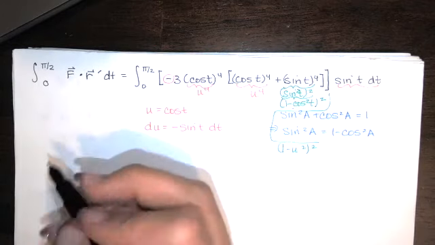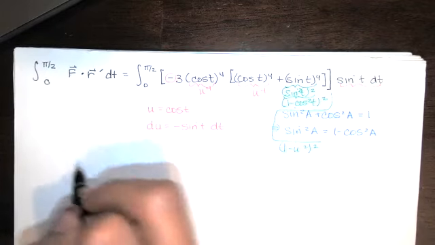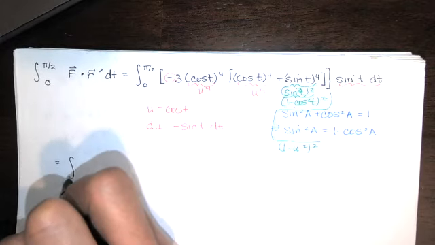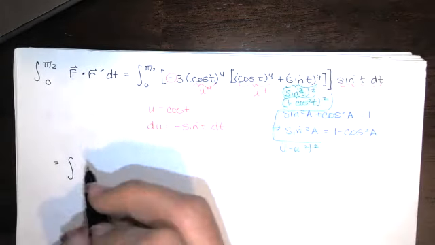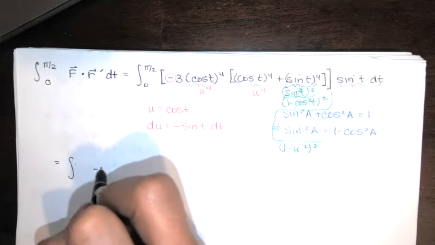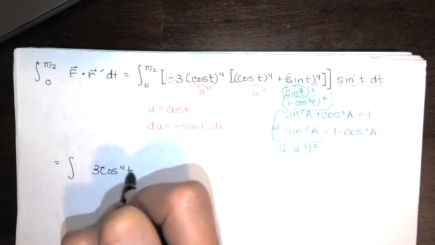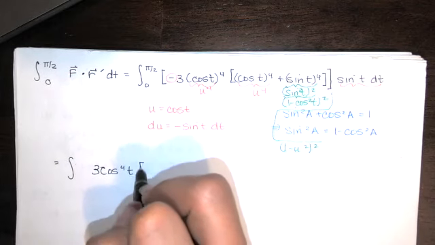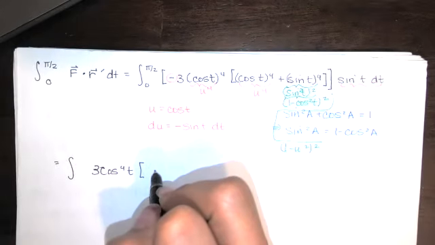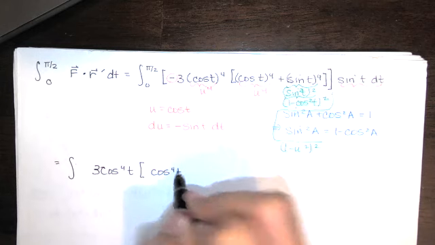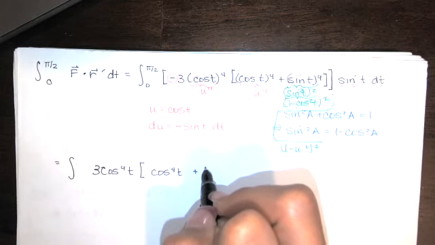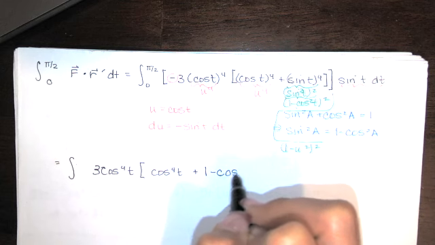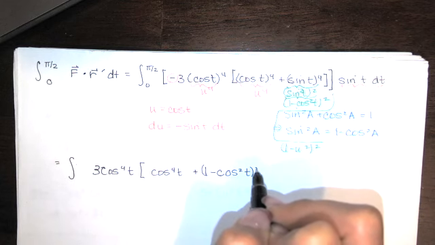Okay, so let me rewrite this, and then we'll do our u substitution. It's pretty much done. I'll take that negative and put it out there with the sine. Oops, I said that and then I did not write the right thing. So I had cosine to the 4th of t there, and then I've got cosine to the 4th of t there. And this we're thinking of as 1 minus cosine squared t, squared.